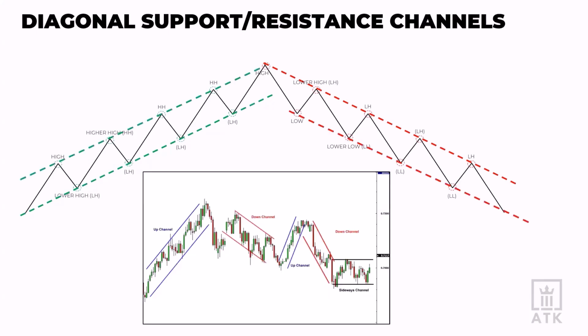All right, so you'll also see in the diagonal that it'll move into a channel. When it's a strong uptrend, not only can you draw a trend line from the bottom, but you also can draw it from the top.